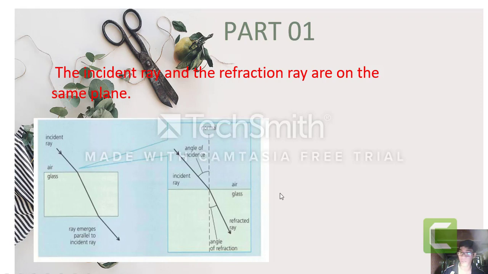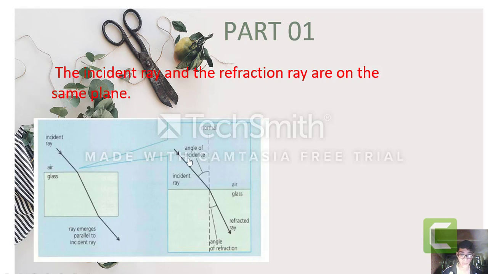What is the normal? The normal is the line perpendicular to the interface between the two media at the point where the ray enters the second medium.